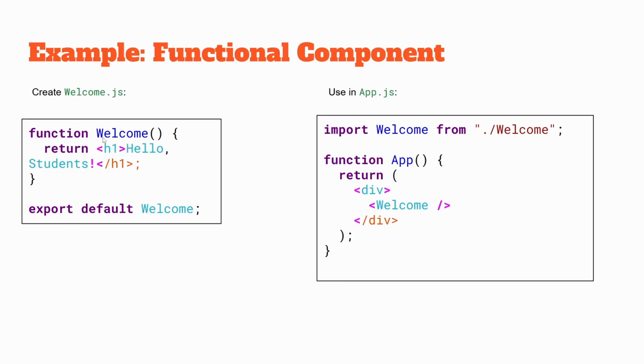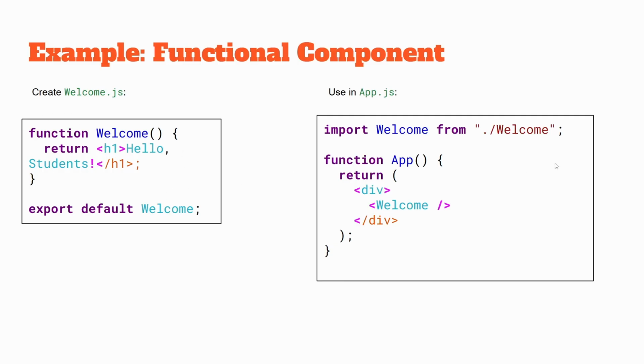This is a simple function which returns some JSX, let's say hello student. And this function is now exported, a default export. Now in the app.js, this is the actual file which gets rendered. In this, we first import the welcome component that we have created.